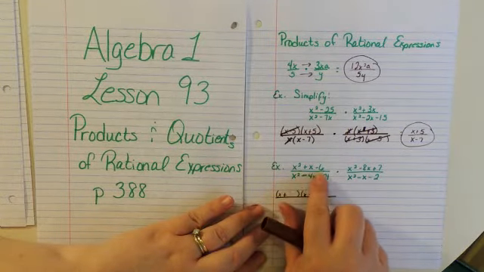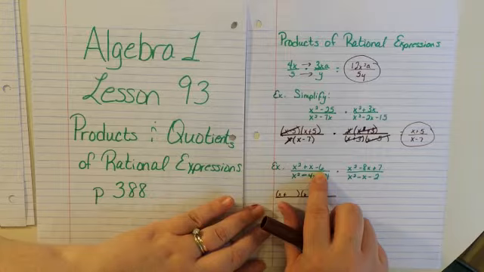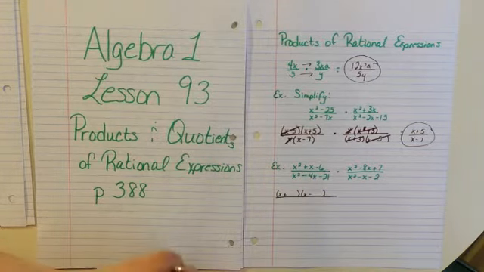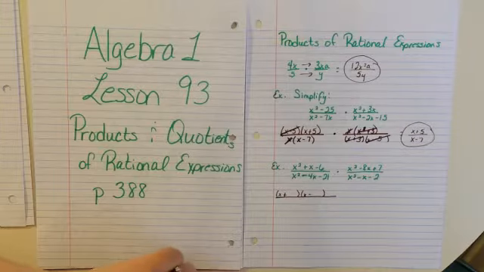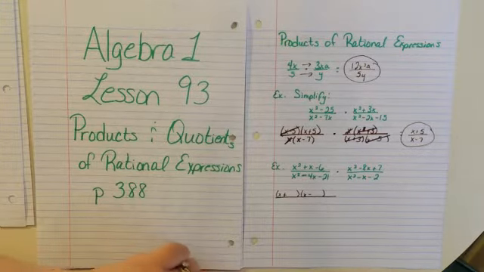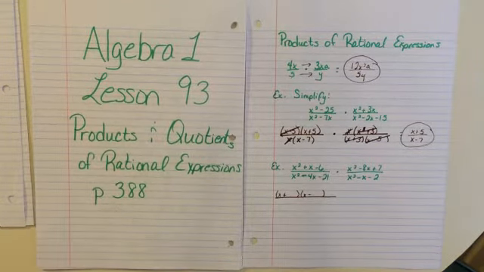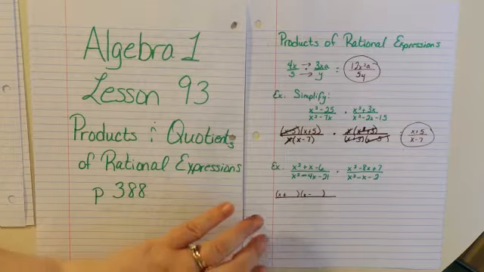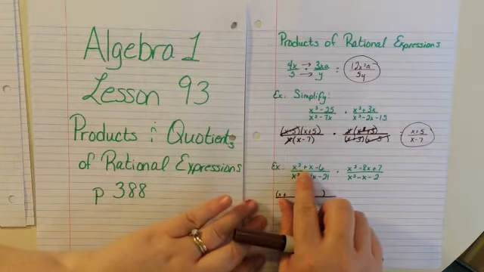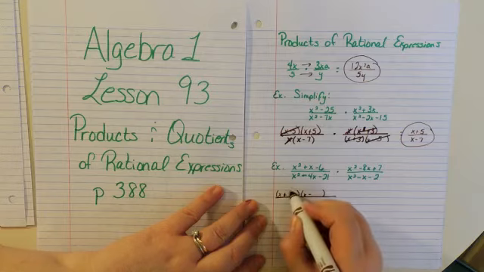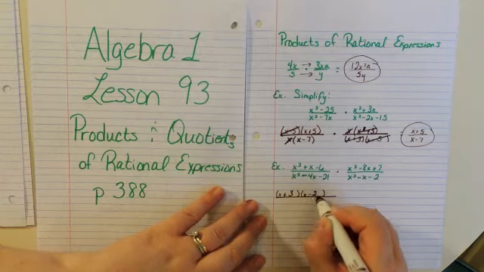The factors of negative 6 are negative 6 and 1, negative 1 and 6, negative 2 and 3, or negative 3 and 2. So we need the sum to be a positive 1. So we'll have a positive 3 and a negative 2.